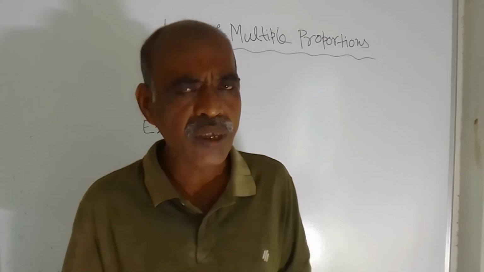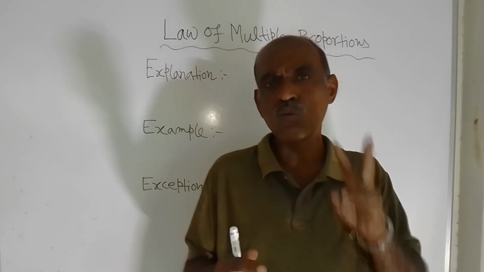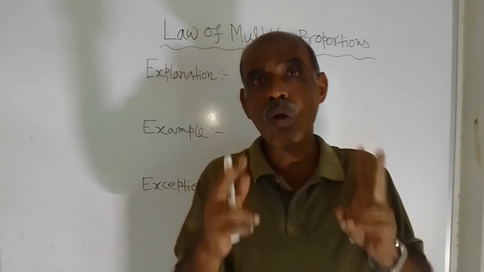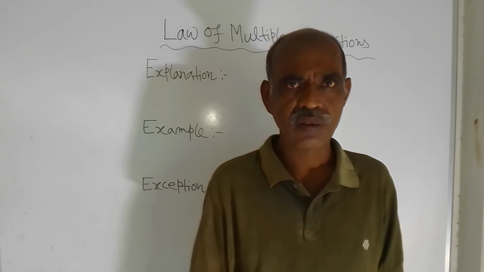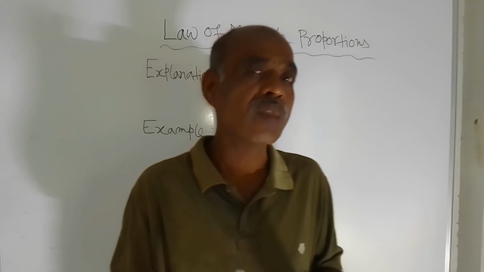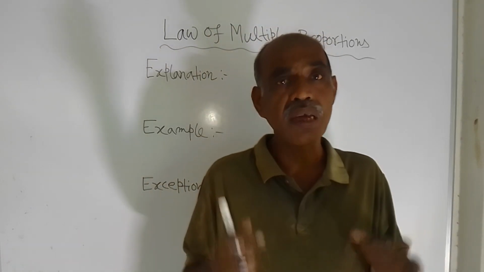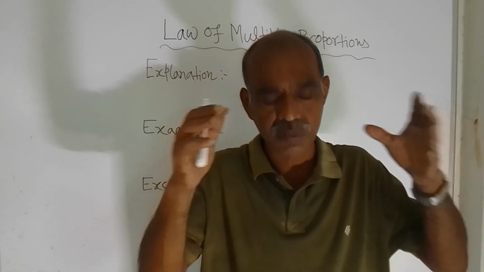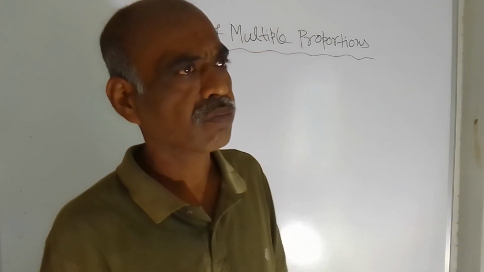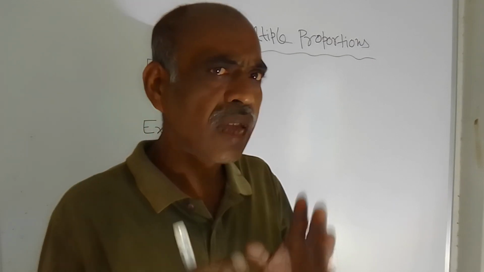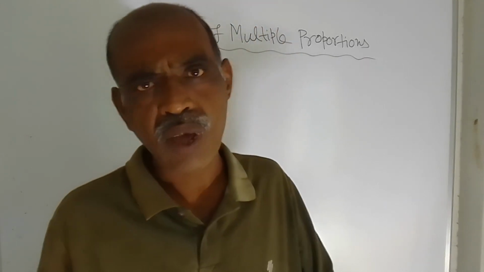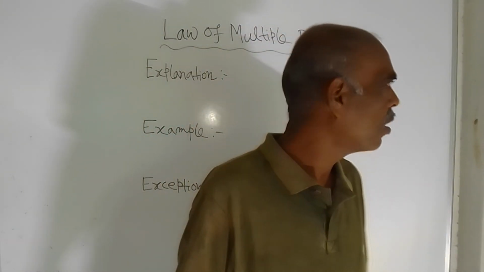Again I want to repeat the same thing, that if two elements combine together to form two or more compounds, then the different masses of one element which combine with a fixed mass of the other bear a simple ratio, not relation, ratio. Okay. So example I have given you: 1:2, 1:2:3, 1:3:2, 1:4:5. These are simple ratios. Okay.